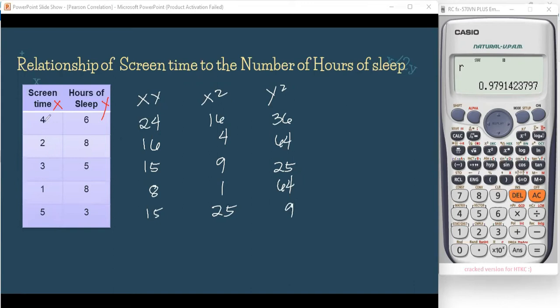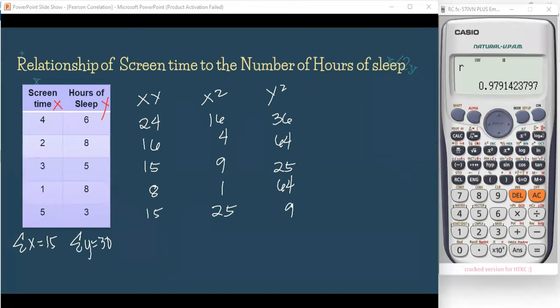Now let's get the summation. 4 plus 2 that is 6, 6 plus 3 that is 9, plus 1 that is 10, plus 5 that is 15. So the summation of x is equal to 15. So 8 plus 6 that is 14, plus 5 that is 19, plus 8 that is 27, plus 3 that is 30. So we have here the summation of y is equal to 30.